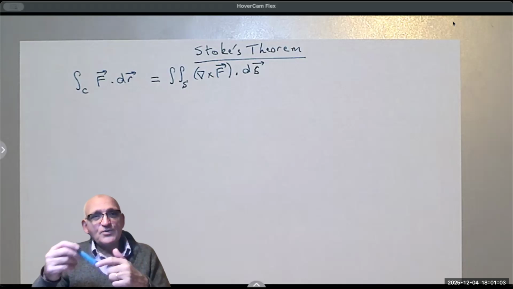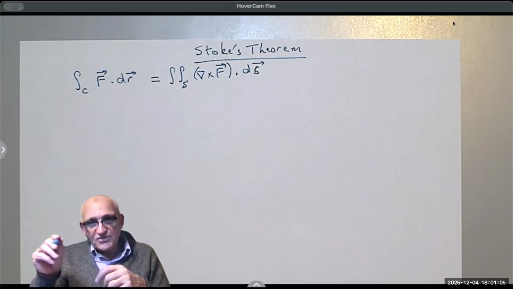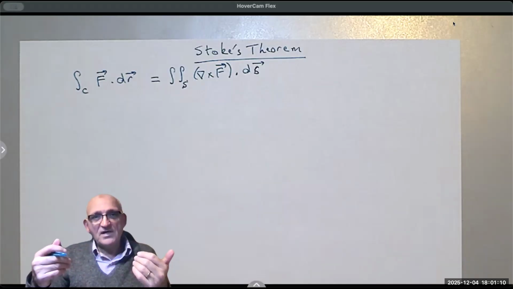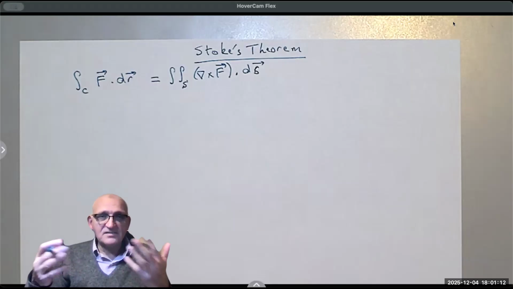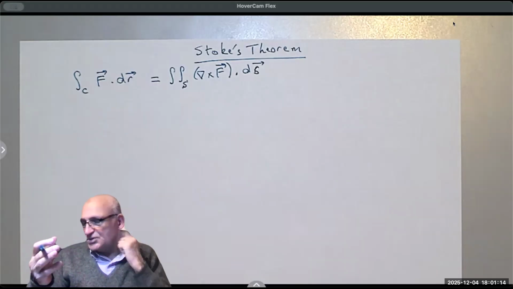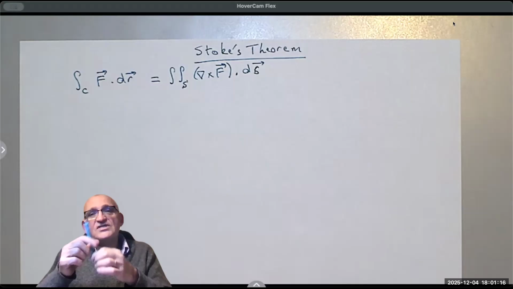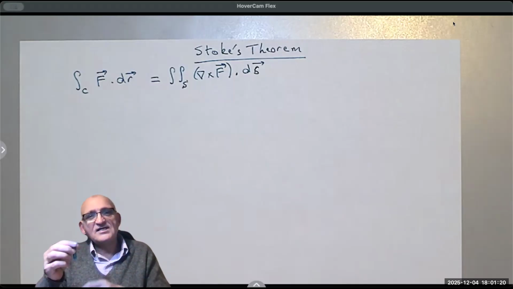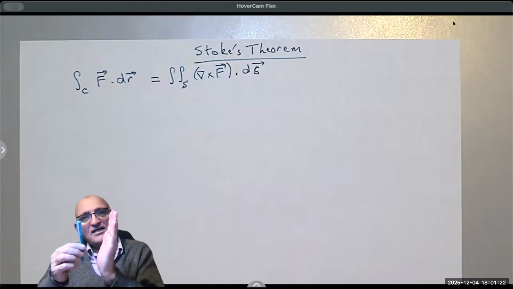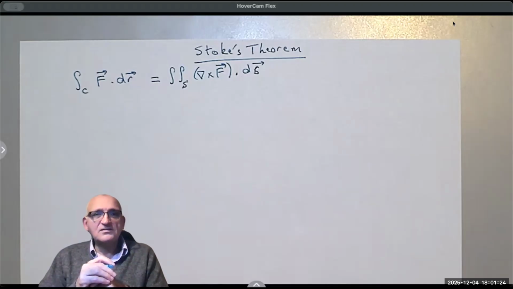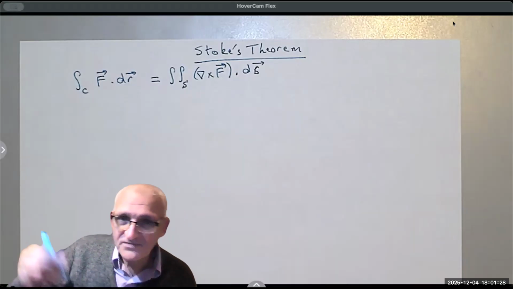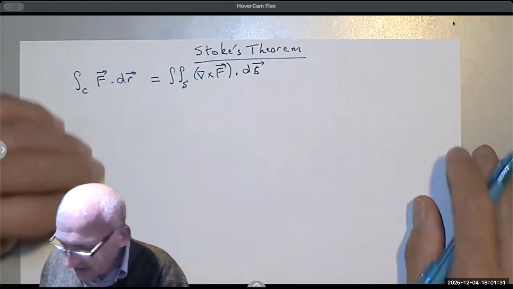When you do the cross product, the cross product gives you the area of the parallelogram of R sub x and R sub y, or R sub u and R sub v, times the unit vector perpendicular to the surface. And like we saw last time, if you take the curl and just make a dot with the normal, it gives you that in the direction perpendicular to the surface.